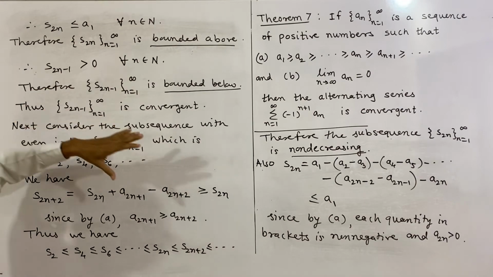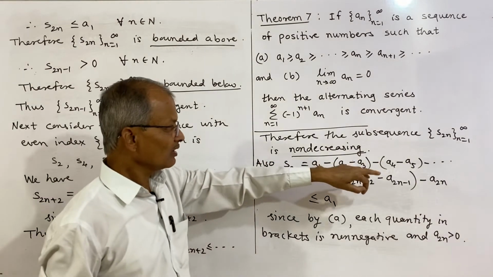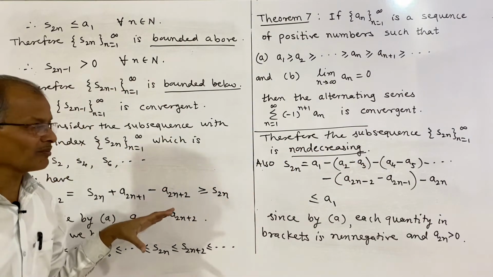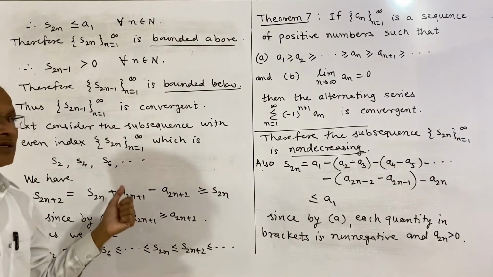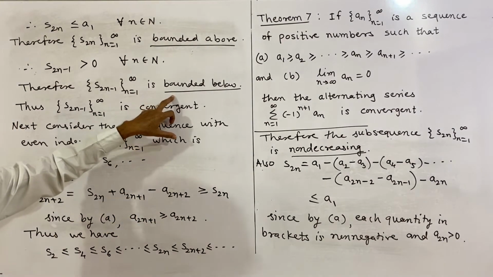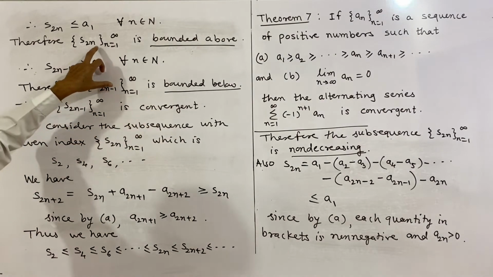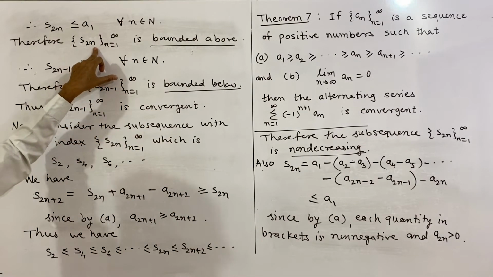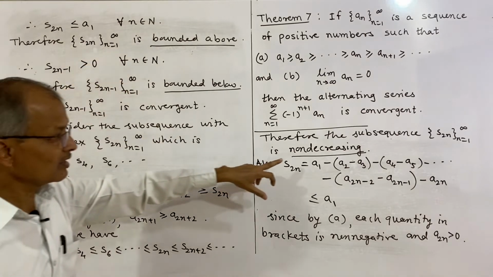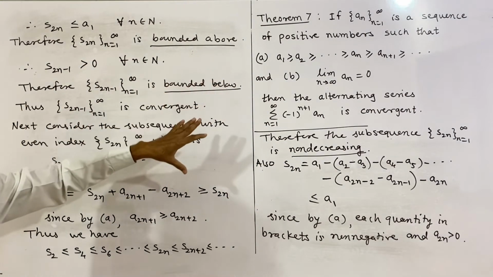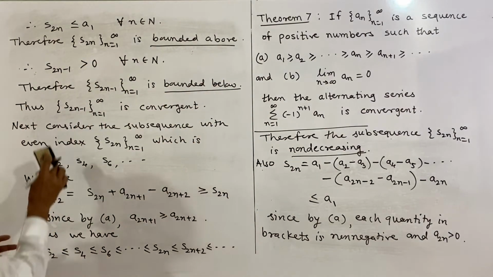So two results we are using. Earlier we have shown that the sequence s2n minus 1 is non-increasing and bounded below, therefore it is convergent. And this subsequence of even index is non-decreasing and bounded above, and therefore it is also convergent.